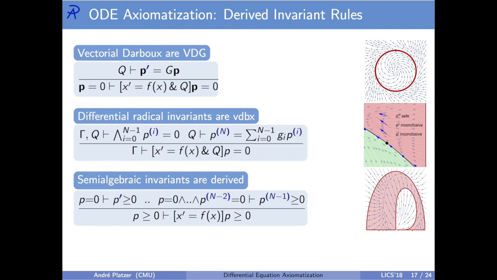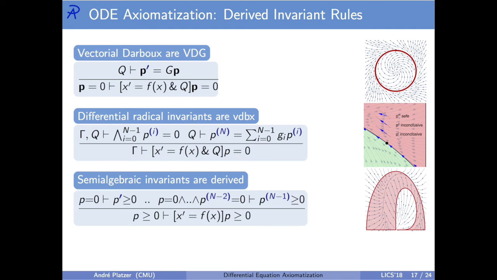So for algebraic invariants, or for algebraic varieties of invariants, what I told you is completely enough. But as soon as we go to semi-algebraic sets, for example p greater than 0, all of a sudden this is what we have to do. For example, p greater than 0 is an invariant of our differential equation. Notice I left off the evolution domain constraint now because it's going to get annoying otherwise. It's true also, look at the paper, but it just doesn't fit on the slides anymore.